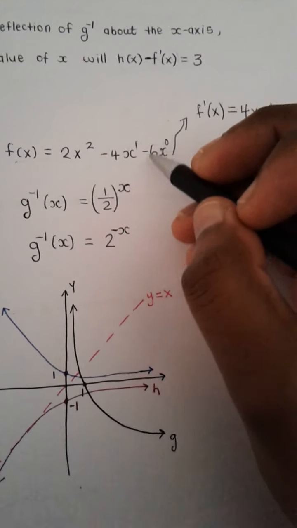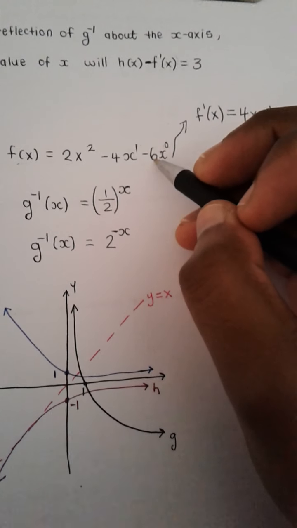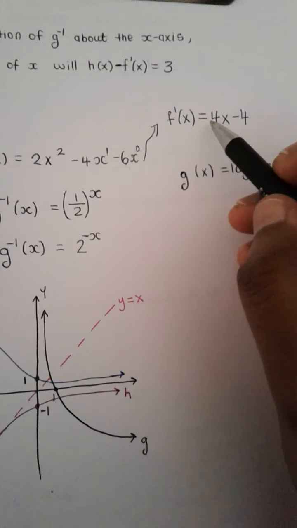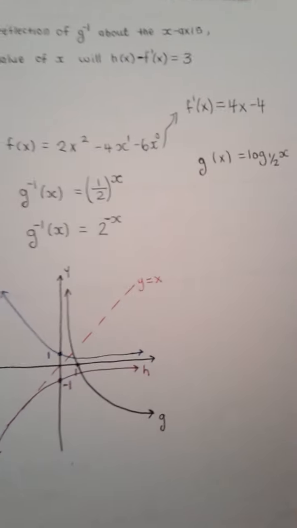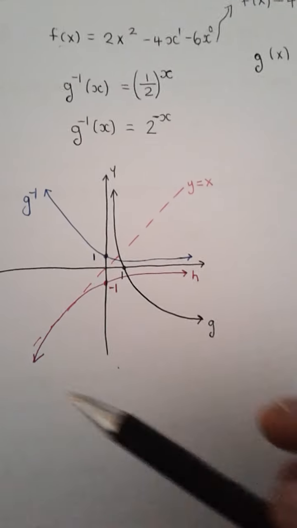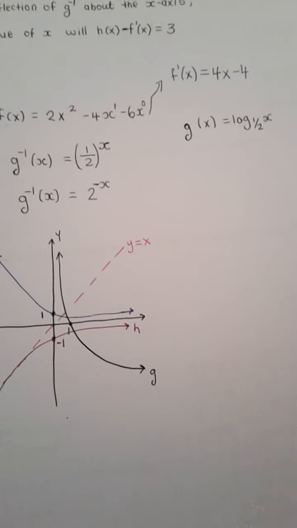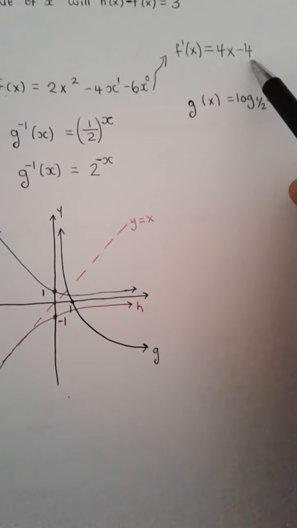And then obviously the last term will fall away because 0 times negative 6 is 0. So that's the equation of f prime of x. We can sketch this as well on our lovely graph that is full of functions right now. It has a y-intercept at negative 4.